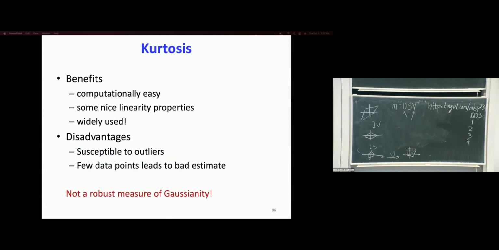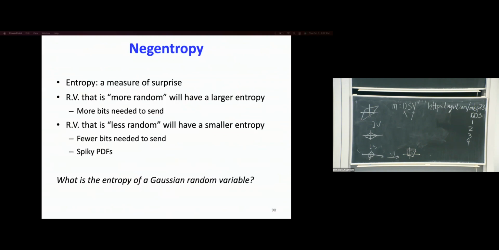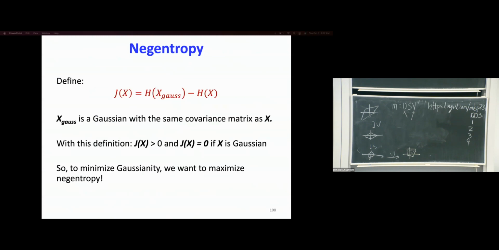Kurtosis is computationally difficult, and there are some outliers. Then we have this negentropy metric. Let me see this. This is another way to maximize or minimize Gaussianity.